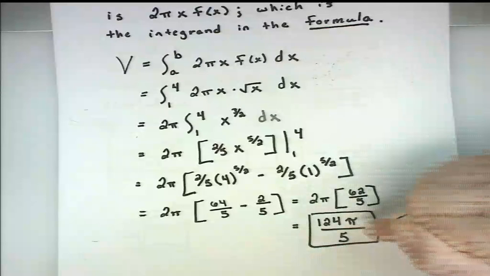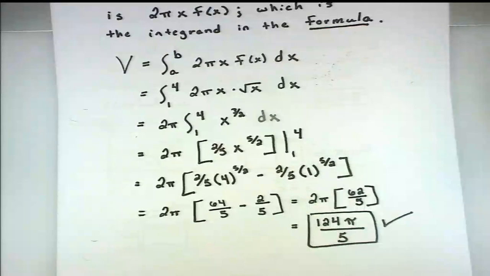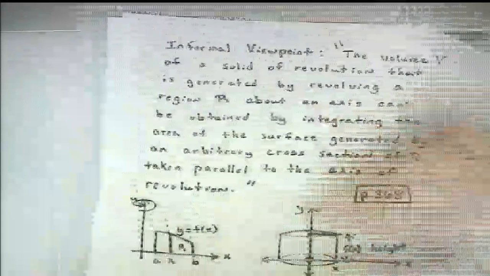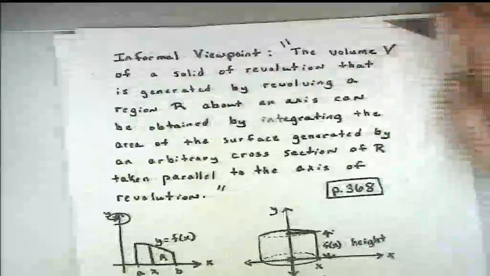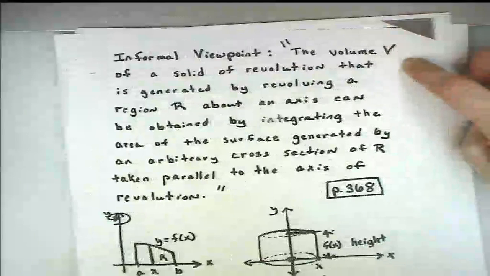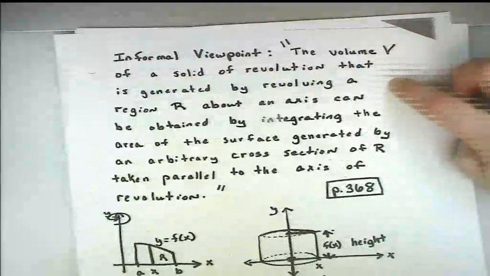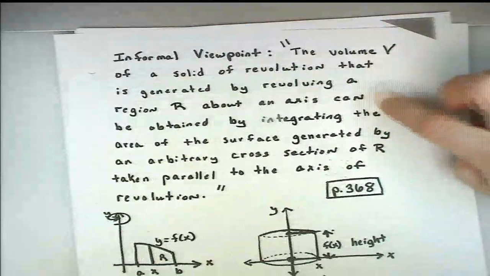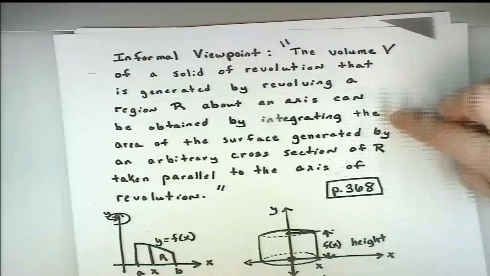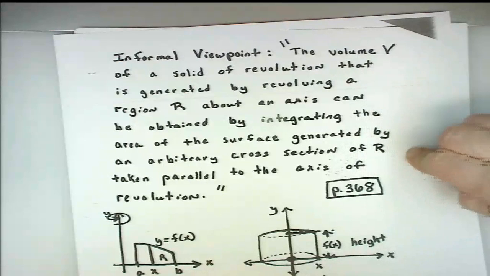single value for the volume, and the rest of this is informal. The surface is generated by an arbitrary cross section of the region taken parallel to the axis of revolution.